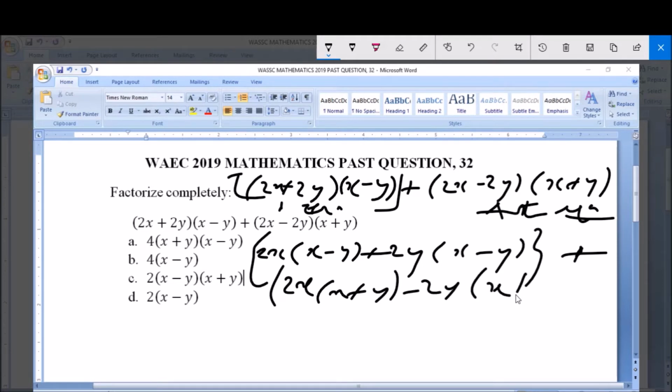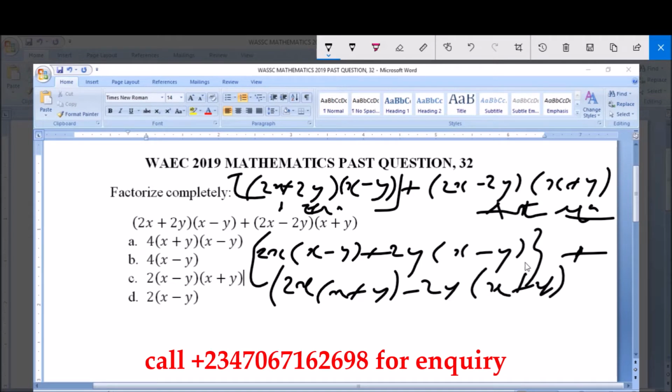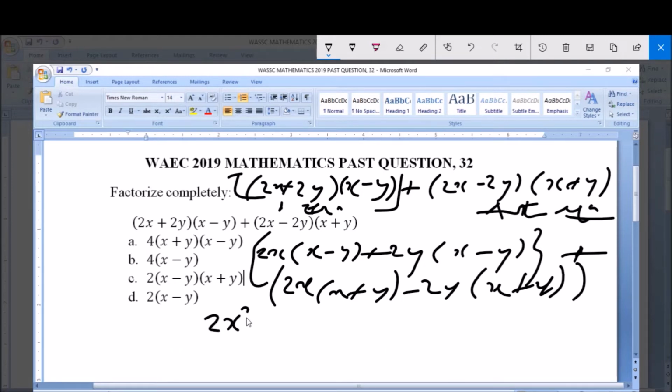And when we solve further, we have 2x squared minus 2xy plus 2xy minus 2y squared.